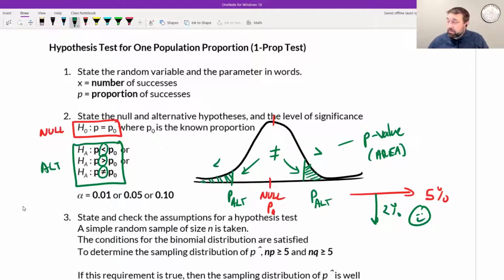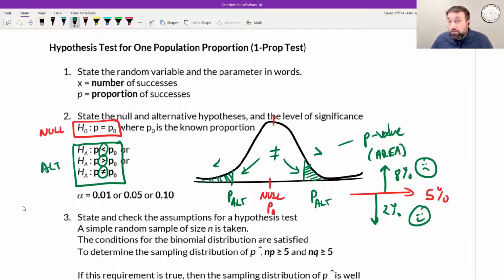On the other hand, if this P value, if the area under the tail comes in above 5%, let's say 8%, then that's bad for us. We fail to reject the null. We foot faulted. We went over the threshold, and the king of the mountain remains. We fail to reject the null. This is the game that we're playing.